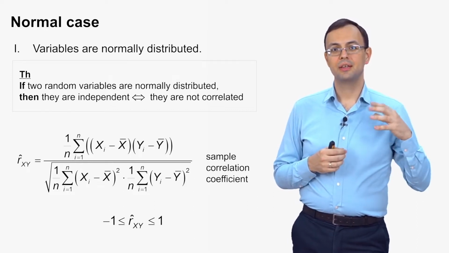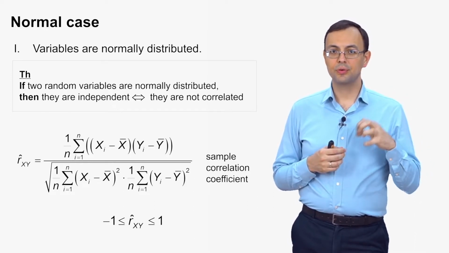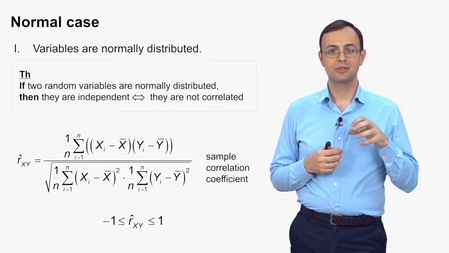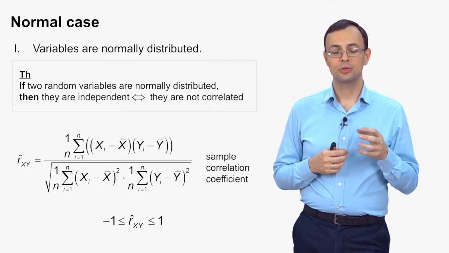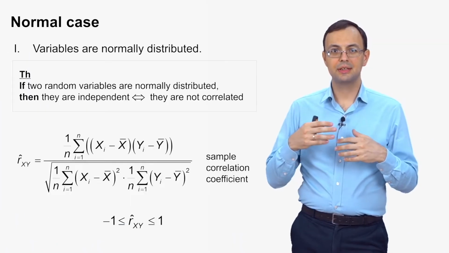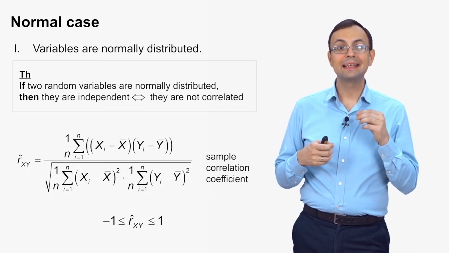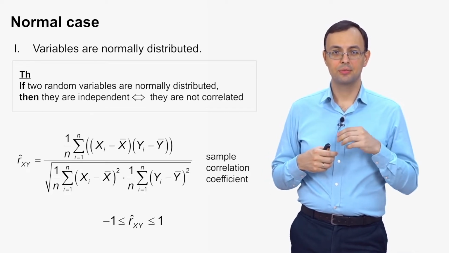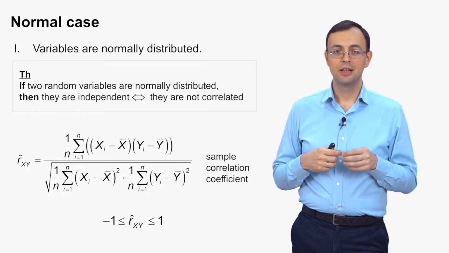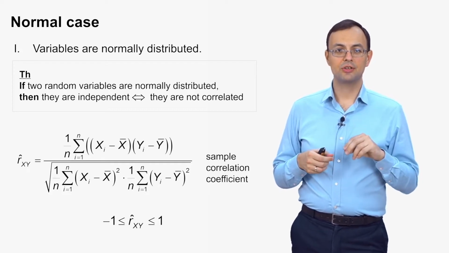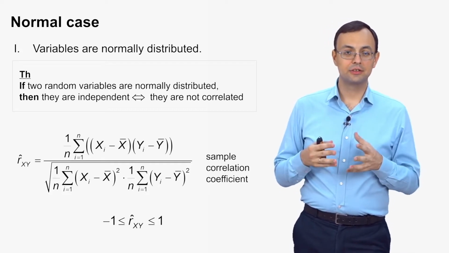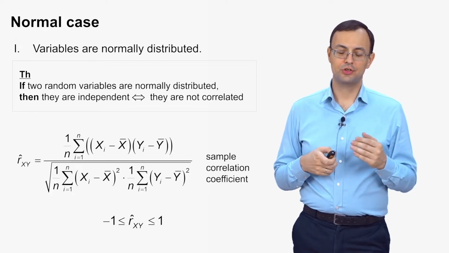So Spearman's coefficient can help us to find any kind of monotonic dependence, both linear and non-linear. The sample correlation is only for linear dependencies, linear relationships.